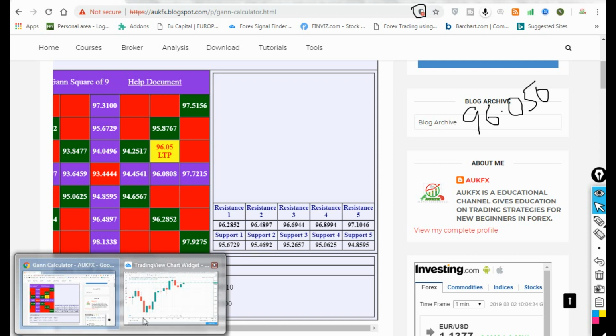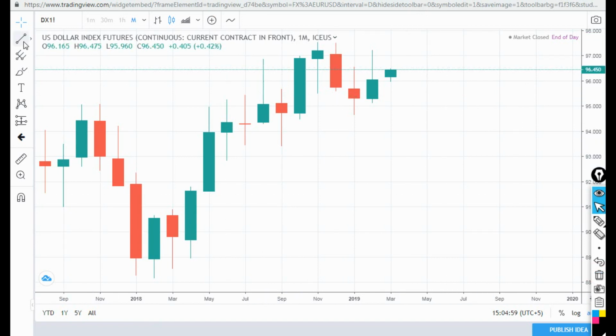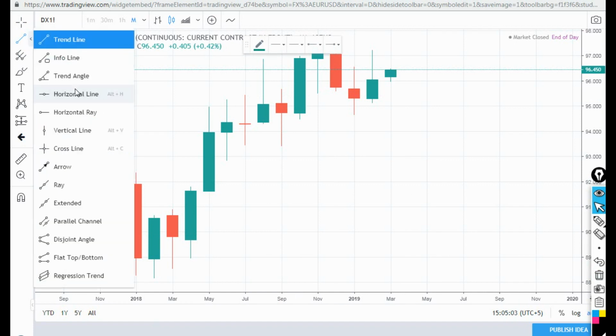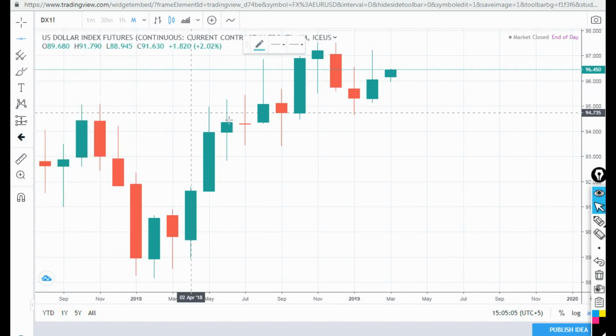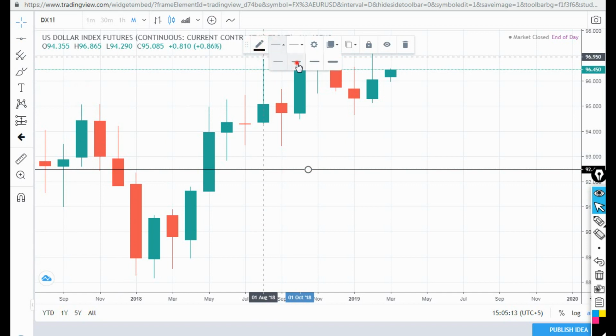Now back to 96.28. Where is 96.28? Now all you need is a horizontal line, so click on it and you need a horizontal line. So you just click here, horizontal line, and make it possible to read like this.